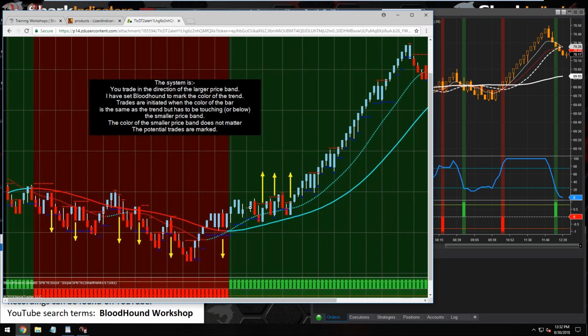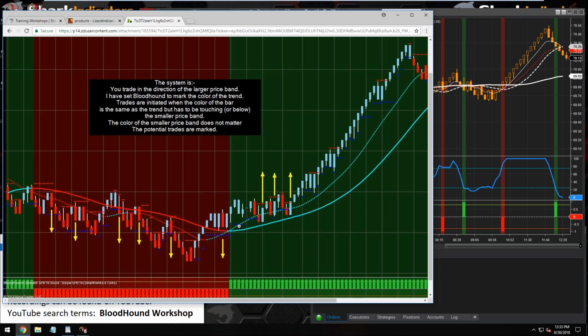Okay, so it looks like we're looking for pullbacks in price, basically a couple of down bars. So for a long setup, we're looking for a couple of down bars here. But the first main requirement is the trend direction, which is set by the slower moving average here. We can see the solid line, that's setting the trend direction.